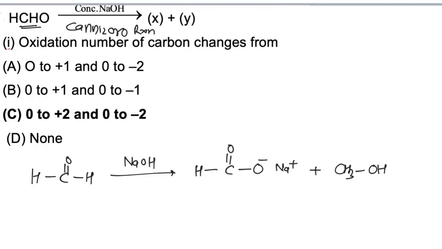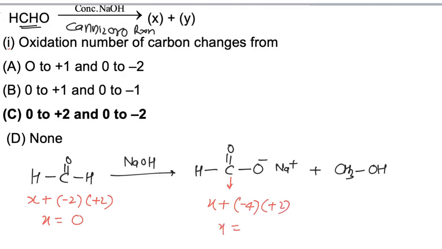In formaldehyde, the oxidation state of carbon is X plus -2 for oxygen and +2 for hydrogen, so X is equal to 0. So the oxidation state of carbon is 0. In formate, X plus 2 oxygen atoms, so -4, and 1 Na positive, 1 H positive, so +2 is equal to 0.